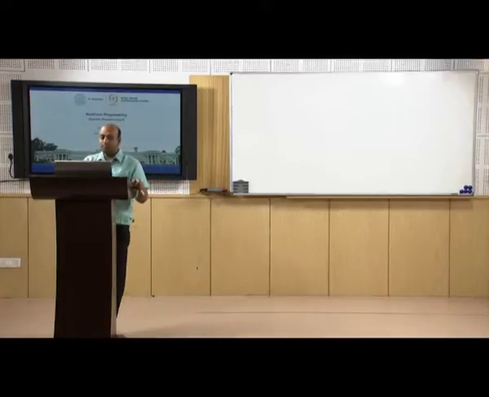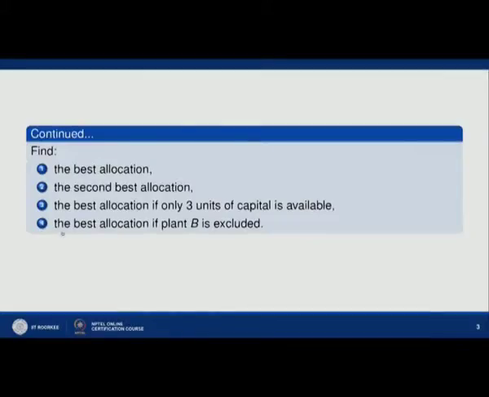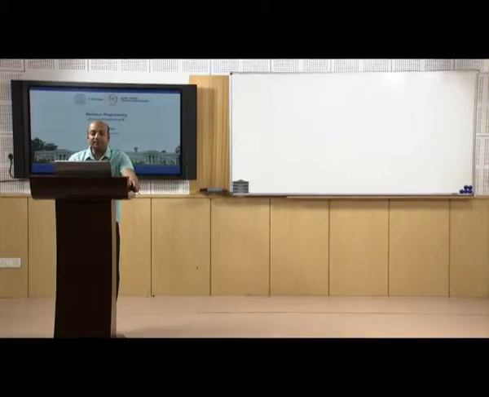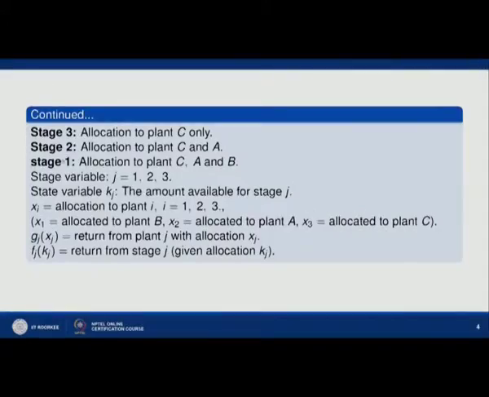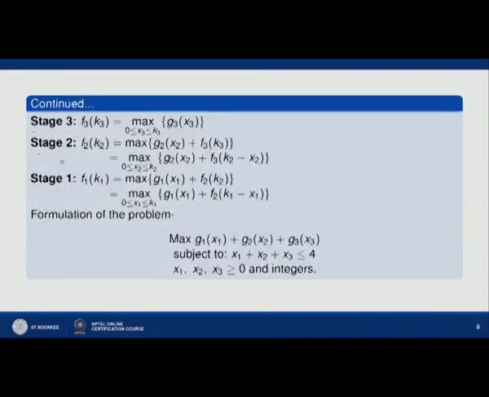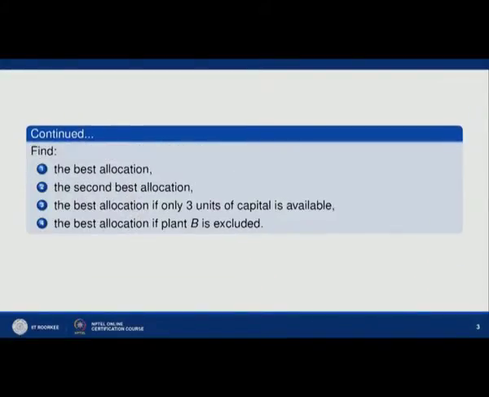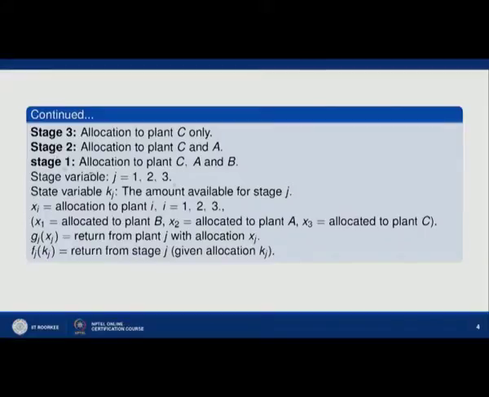Since the fourth part asks for the best allocation if plant B is excluded, we keep plant B in the last stage, stage 1, so that if plant B is excluded we simply drop stage 1. Stage 2 will then give the optimal solution. That is the only reason I keep plant B in stage 1.